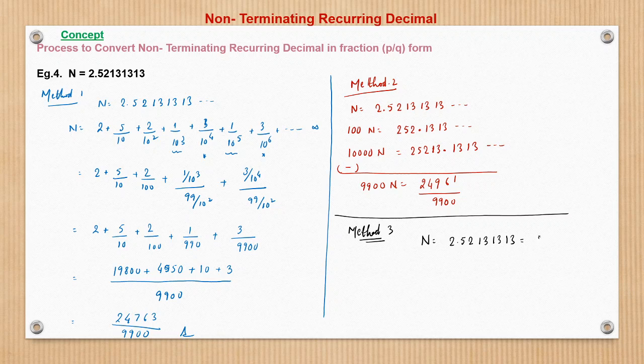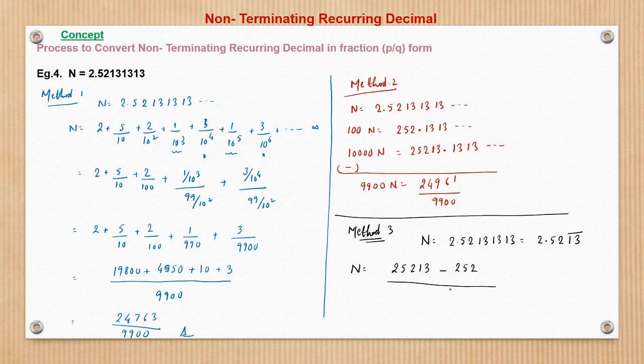So this is basically 2.5213 with a bar on 13 because 13 is repeating. So what does the formula say? You write all the digits in numerator, then subtract the digits which are outside bar. So here we will subtract 252 and then divide by what?